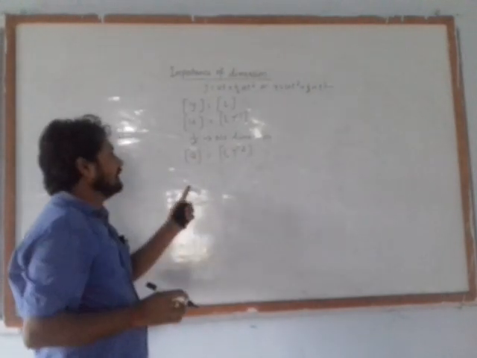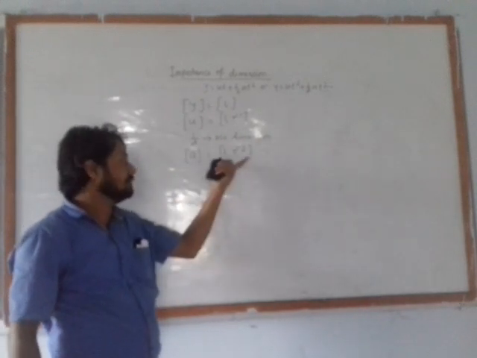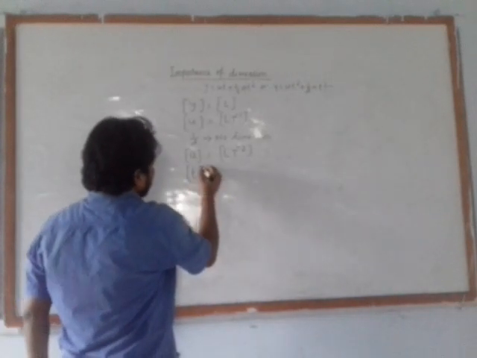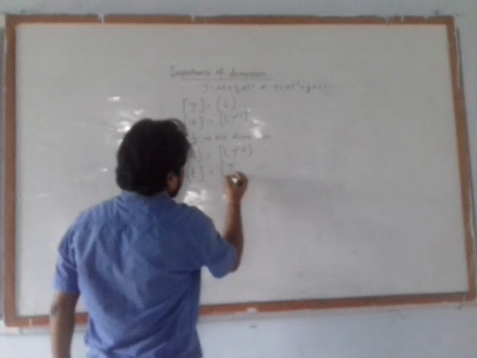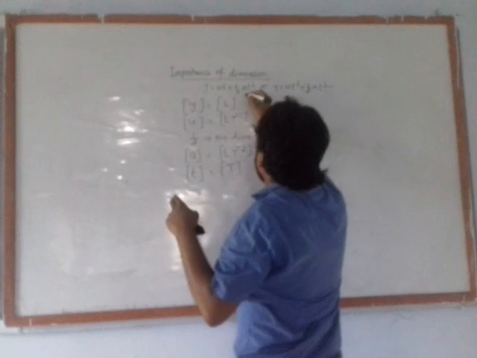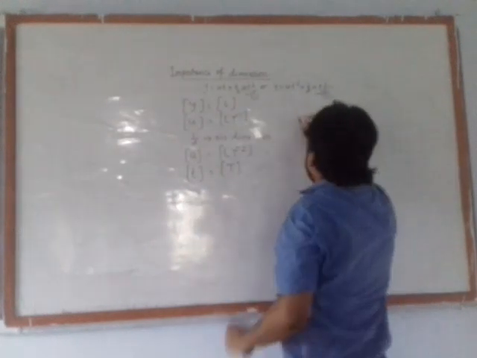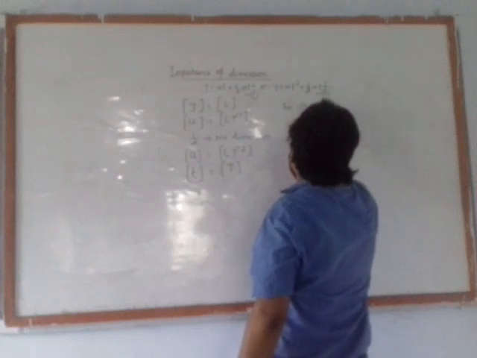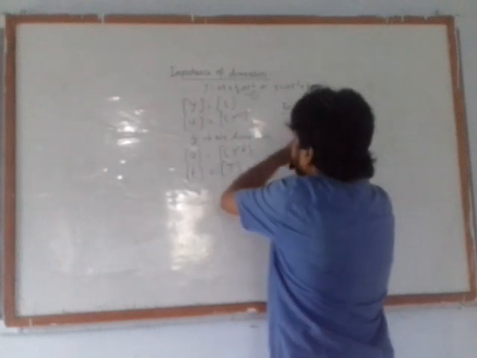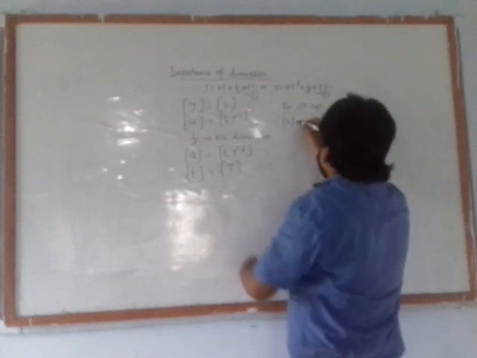If you have forgotten the dimension, you can use the first 3 steps to get it. t is time, so its dimension is t. Now mark this as the first equation and this as the second equation. For the first equation, we use these dimensions on both sides. y means L on the left hand side.